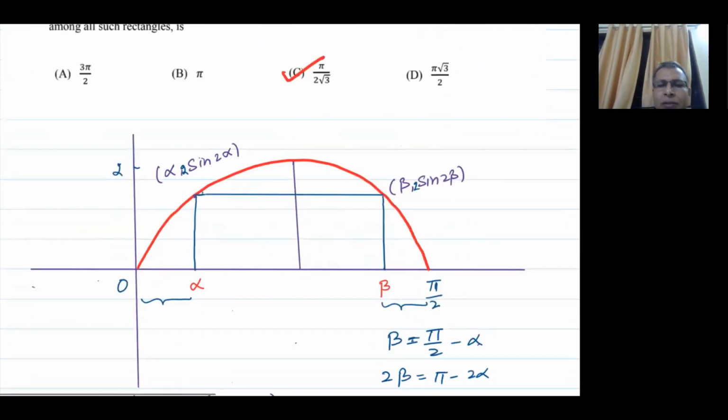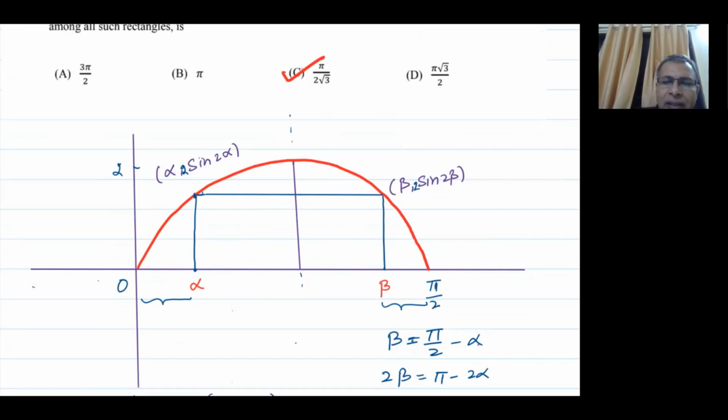Now let us choose a point alpha, and we get the coordinate alpha comma 2 sine 2 alpha, and here we get 2 sine 2 beta. So the height should be the same. That means 2 sine 2 alpha equal to 2 sine 2 beta. So it means the graph of the function is symmetric about this line.